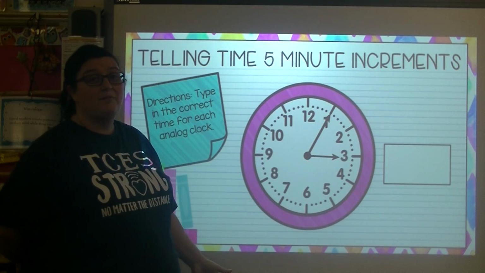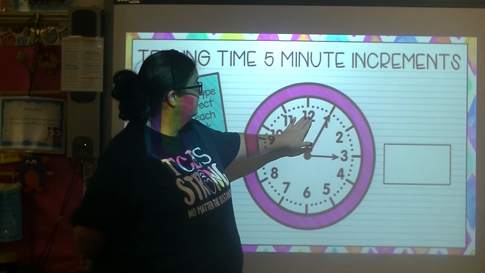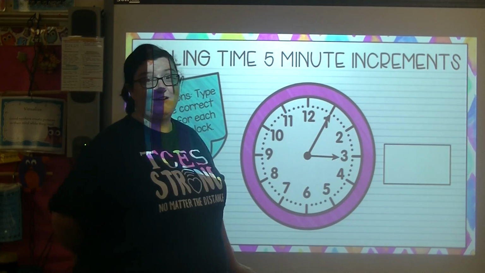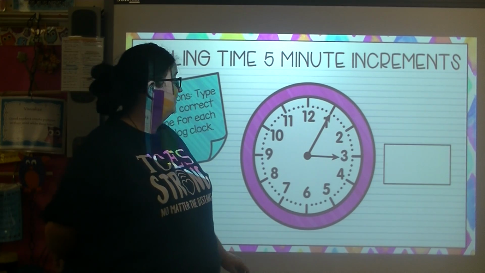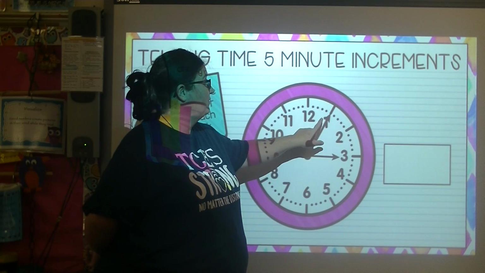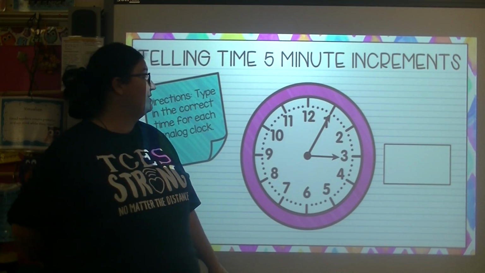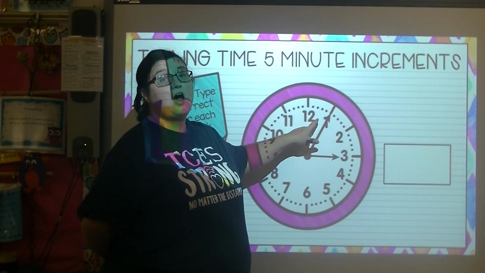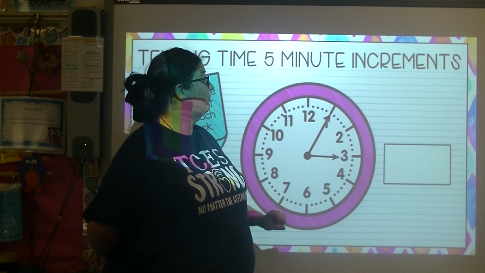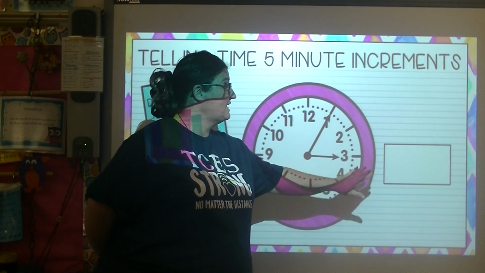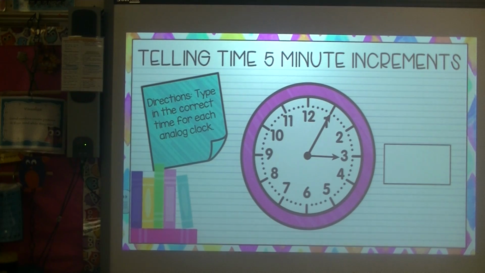All right, so when we count by 5s, 5. All right, do we say 3, 5? No, we say 3, 0, 5. 3, 0, 5. And this is how we write it.